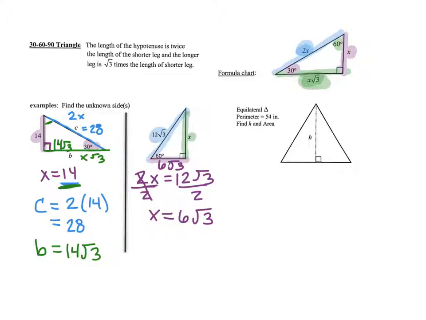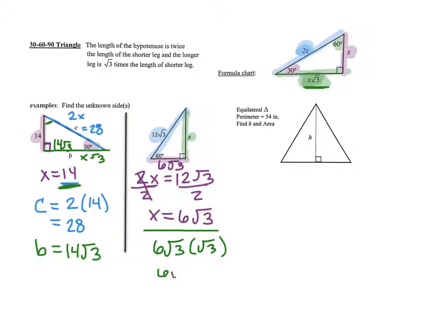If we know now our x value is 6 square root of 3, then to find our long leg of x square root of 3, this is our x, and we need to multiply it by another square root of 3.